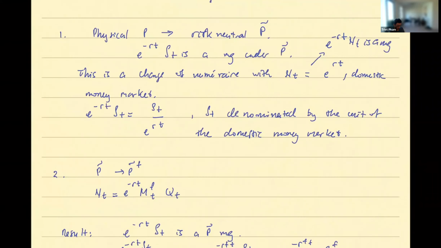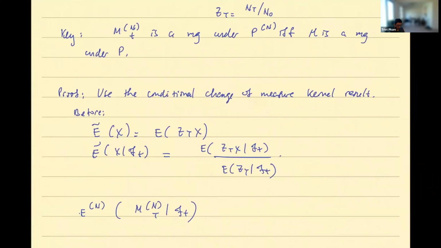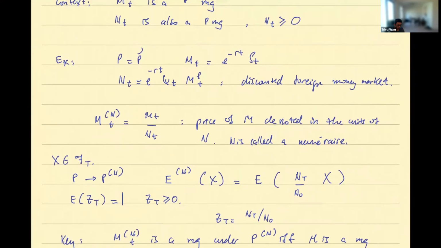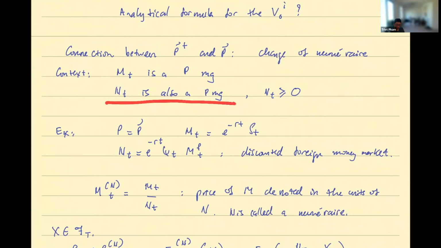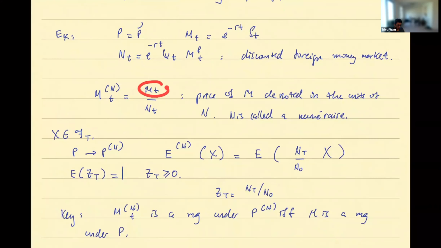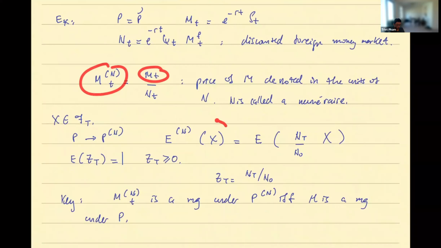But I just hope you understand the idea: you must have some non-negative martingale as your denomination. When you divide by that martingale, if you start out with a martingale, you will stay a martingale under the new probability.